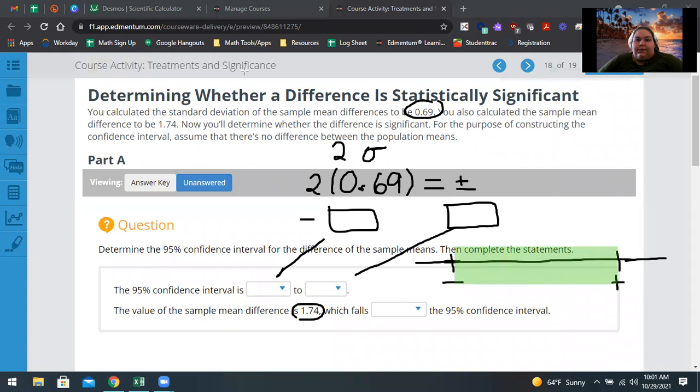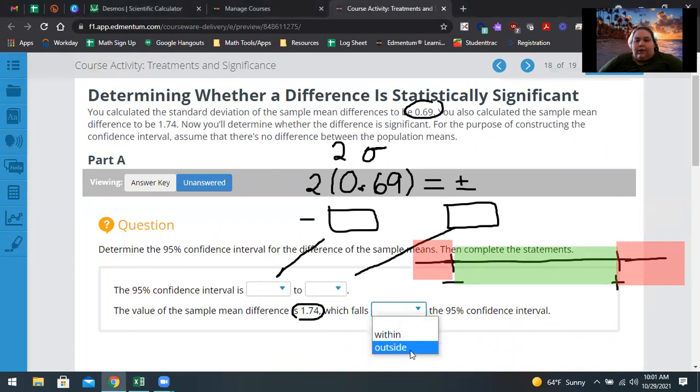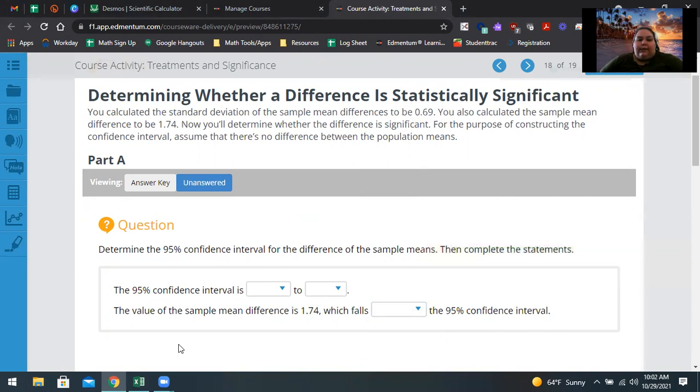If it is outside, it's going to be considered the word outside. So if 1.74 is inside between those 2 numbers, it's considered within, or is it considered outside? You'll go ahead and select that there.